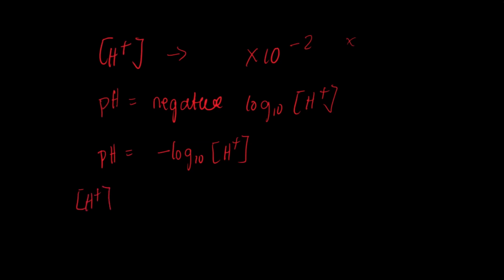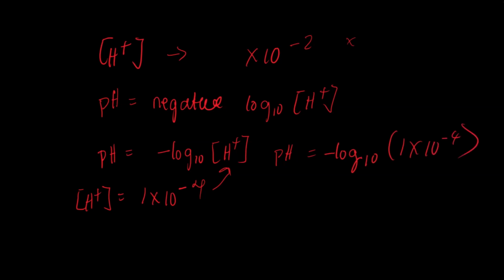So if we have hydrogen ion concentration equal to, take for instance, 1 times 10 raised to the power minus 4, applying this value to this equation, we would have that the pH is equal to negative logarithm to the base 10 of 1 times 10 raised to the power minus 4.